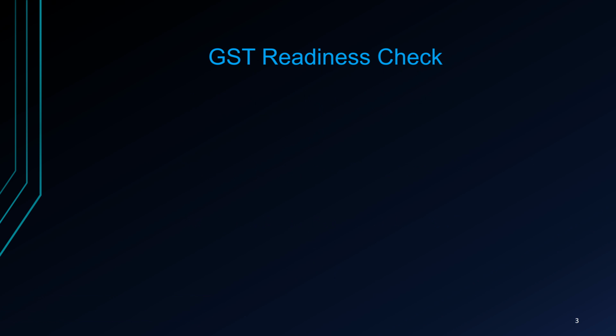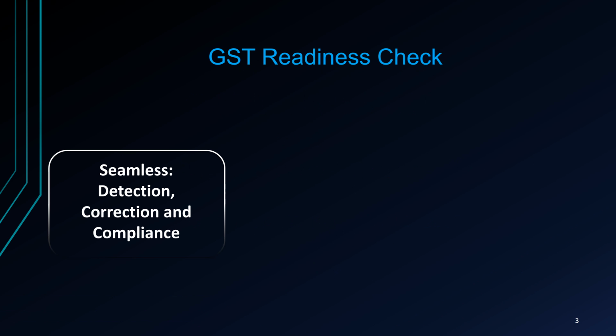There are 4 steps you have to consider whenever you are auditing the GST implementation successfully. Basically, in GST we are saying there's a seamless credit happening. So you have to check whether the transactions are capable of capturing all these credits seamlessly, be it detection of missing credits or corrections or any compliance related.